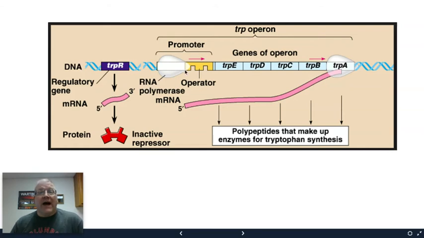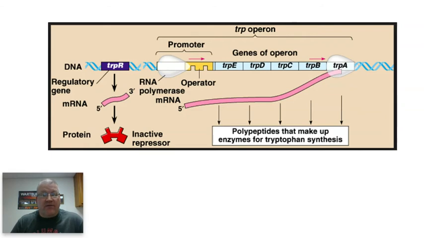The promoter and the operator together work at the start of this operon. So without an active repressor, RNA polymerase can bind to this promoter site and move downstream, producing transcripts of all 5 of the trp operon enzymes. Those 5 enzymes are needed to make tryptophan from the raw materials in the cell.